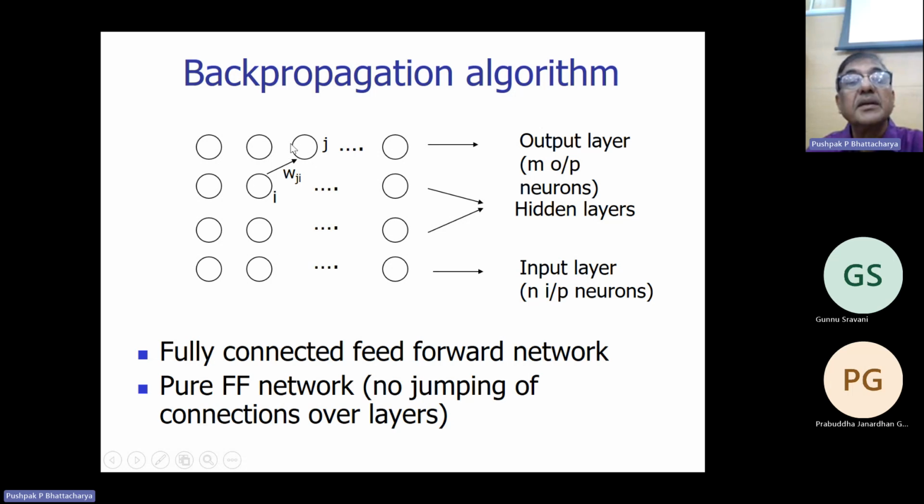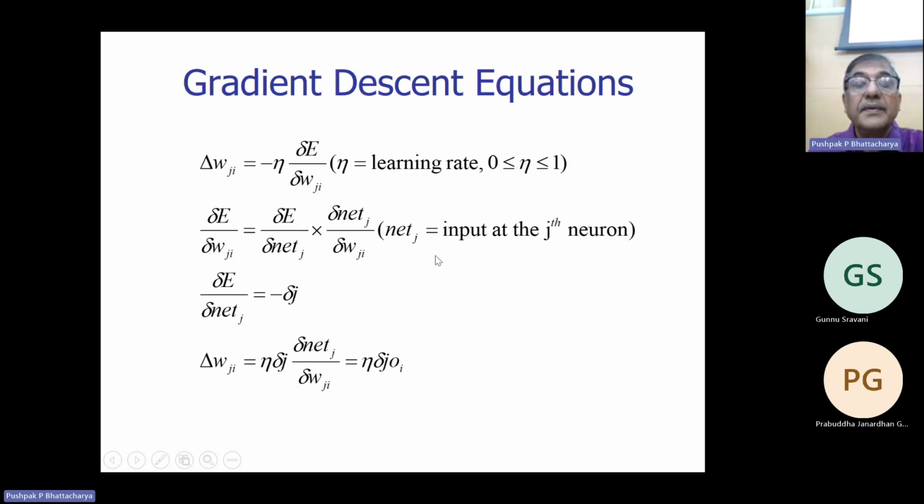If you take this net input and differentiate with respect to W_ji, it will be O_i, the output of the ith neuron.